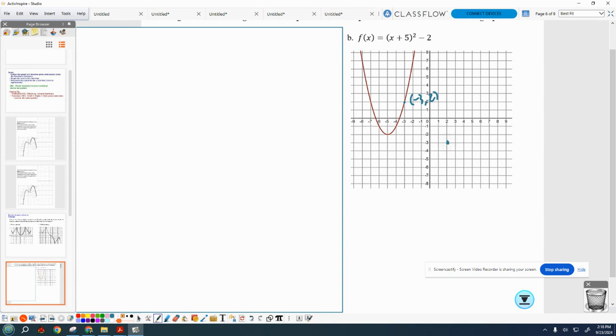Ella, what's another coordinate that's going to be on my inverse? -2, -5. So -5, -2. Okay, and Bella, you said which one? I said 2, -7. Yep.